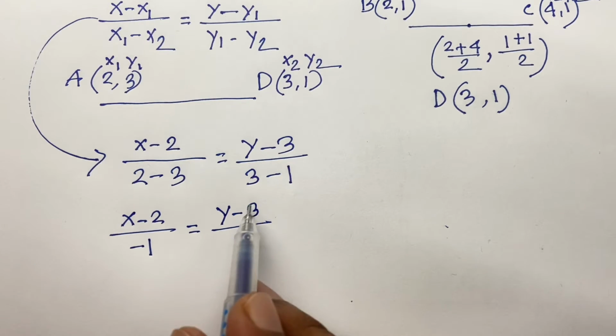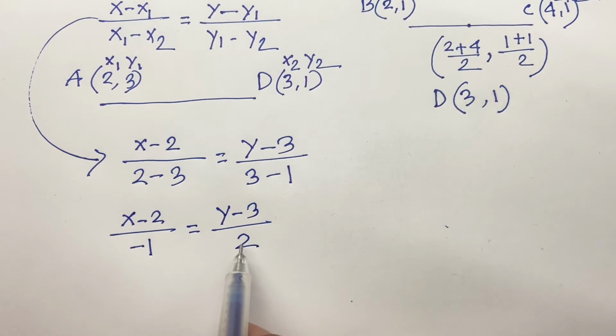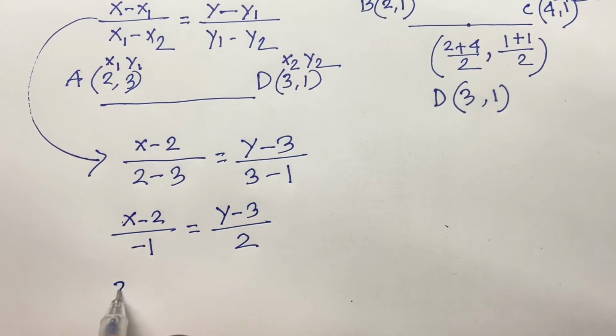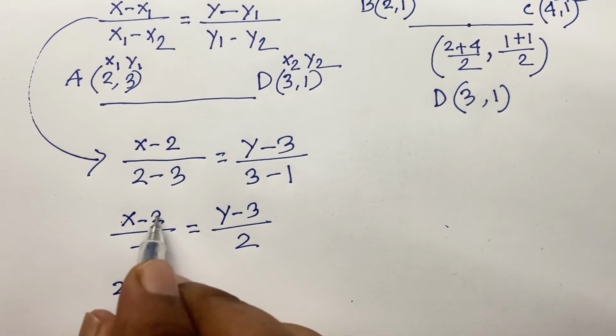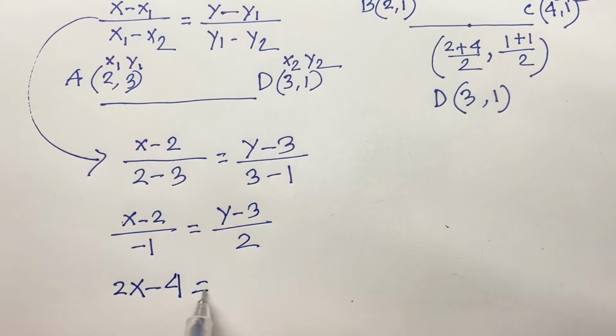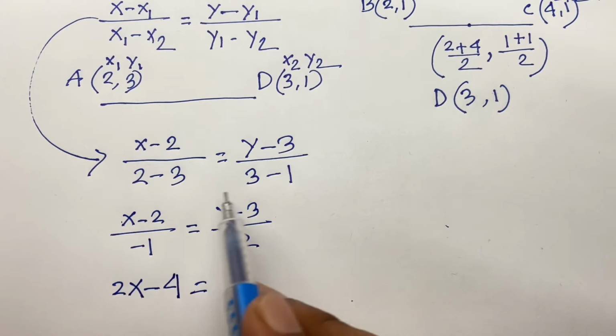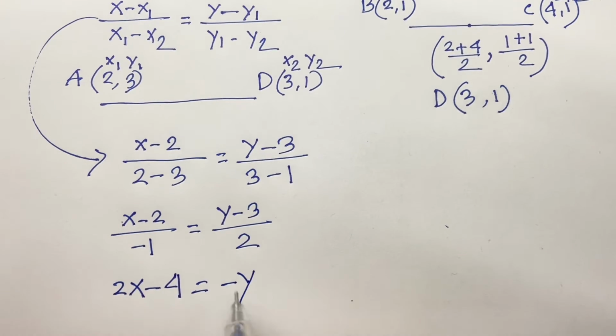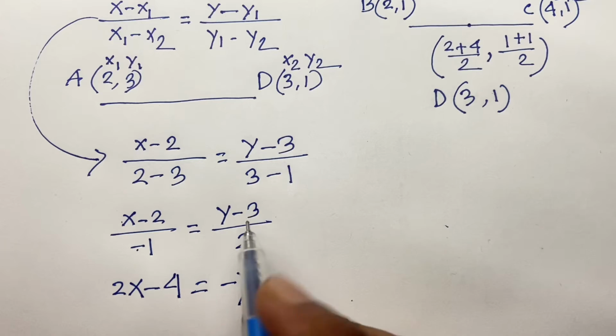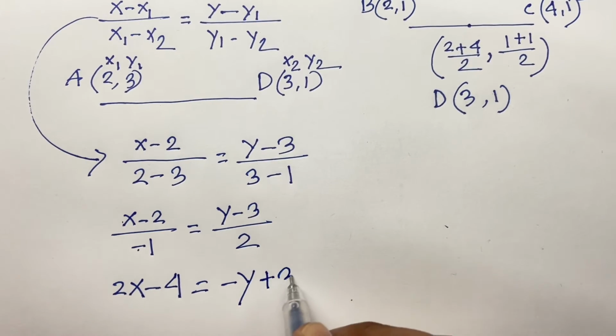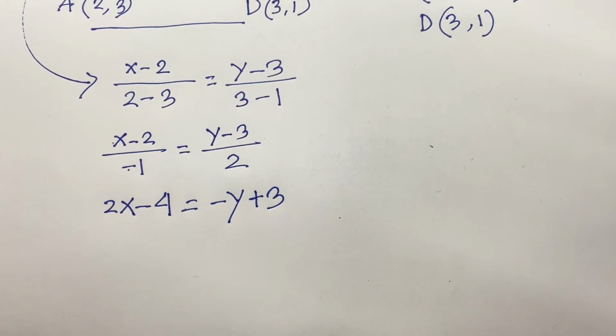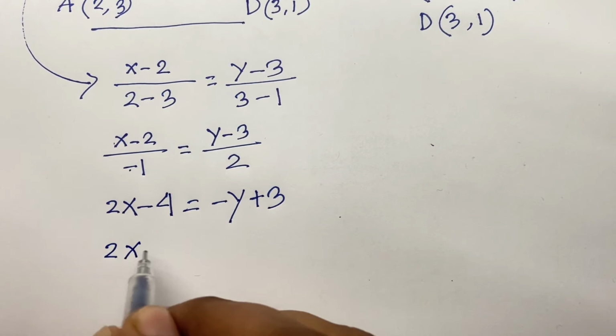Now I multiply both. 2 times x is equal to 2x, minus 2 times 2 is equal to 4, is equal to minus 1 times y is equal to minus y, minus 1 times minus 3 is equal to plus 3. Now here is 2x minus 4.